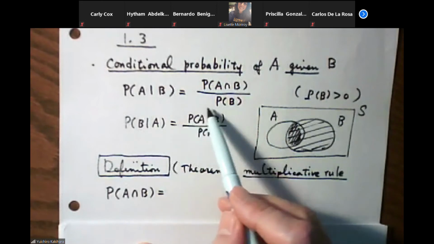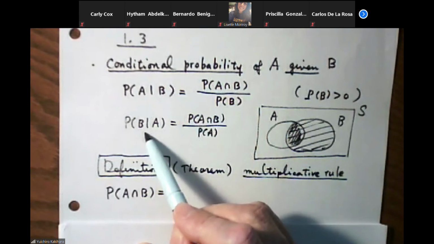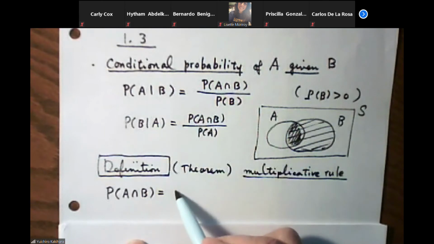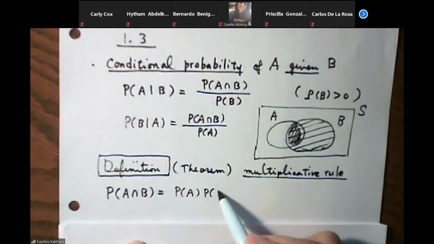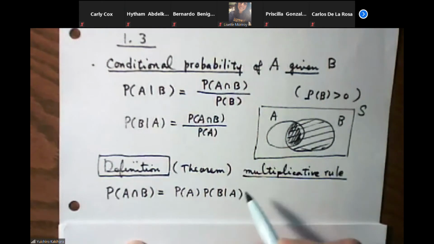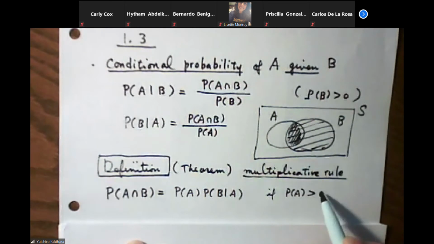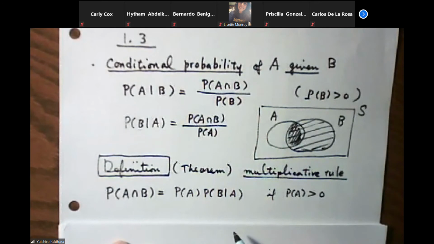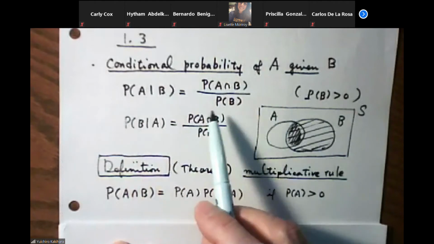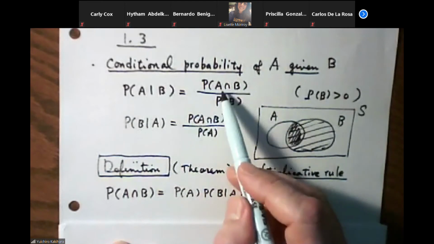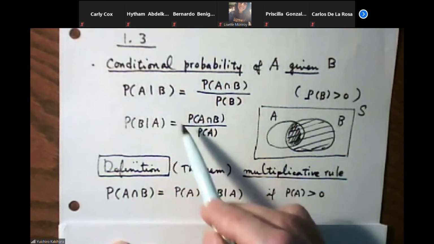So look at this. P of A intersection B is equal to P of A times P of B conditioned by A, and this is true if P of A is positive. Using this definition, we can write the probability P of A intersection B as the product of this and this, or this and this.